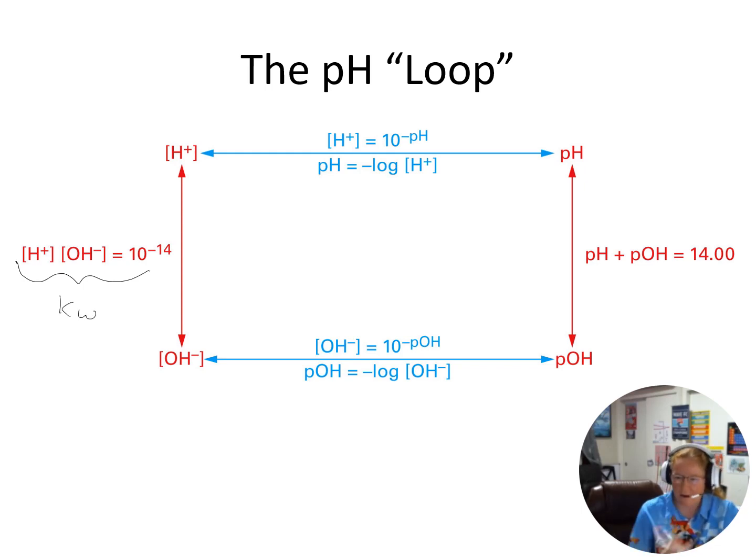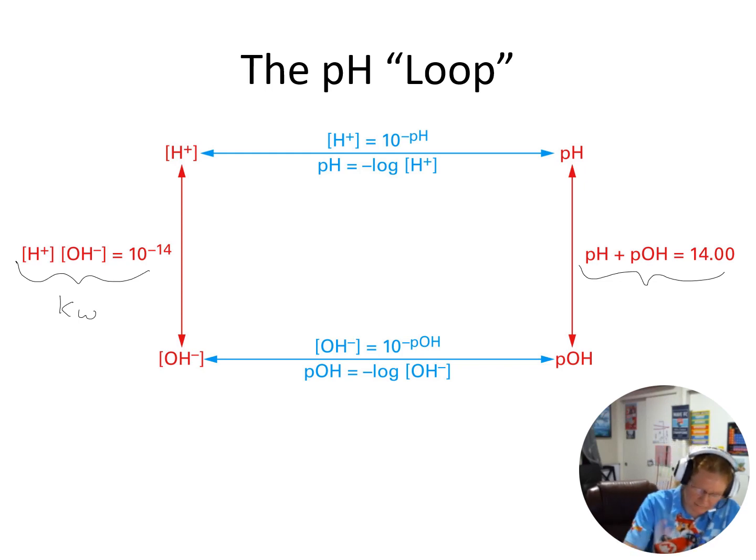Okay. Now, we just did an example where we saw that the pH of pure water was 7. In pure water, we know that the hydronium and the hydroxide ion concentrations are exactly the same. So our pOH of pure water would also be 7. Well, what's 7 plus 7? 14. So we have this relationship right here, where the pH plus the pOH is equal to 14.